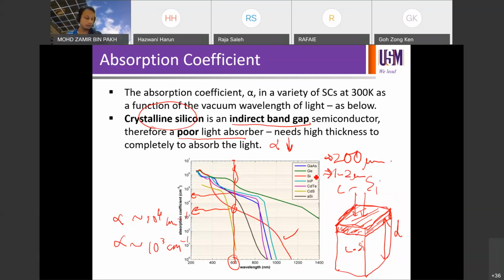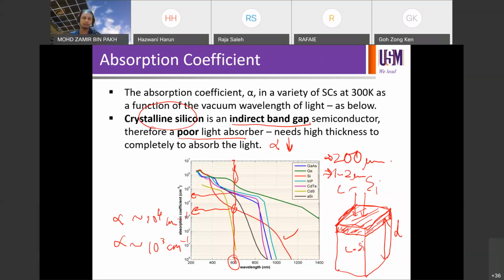So that's the difference in the magnitude needed. Okay, due to the effect of indirect band gap or direct band gap that will lead to low alpha or high alpha, which determines the absorption of light, whether it's good or not.